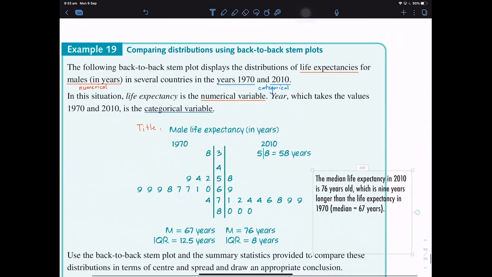Because if you talk about median life expectancy, who do you think of? Old people. What kind of gender? Oh, male. Right. So when you just say life expectancy, how do I know which gender? Have you specified? You have to include male.